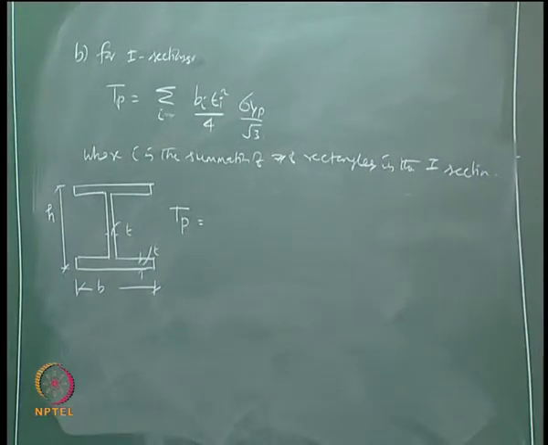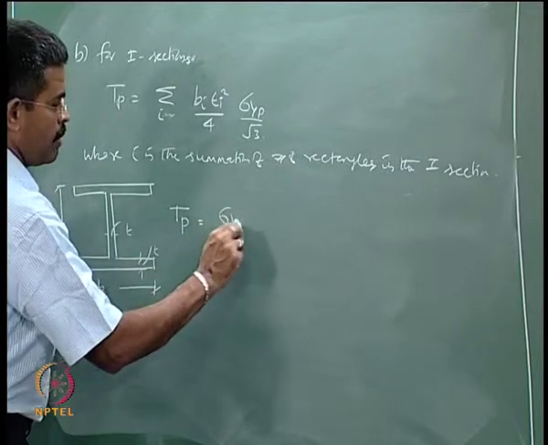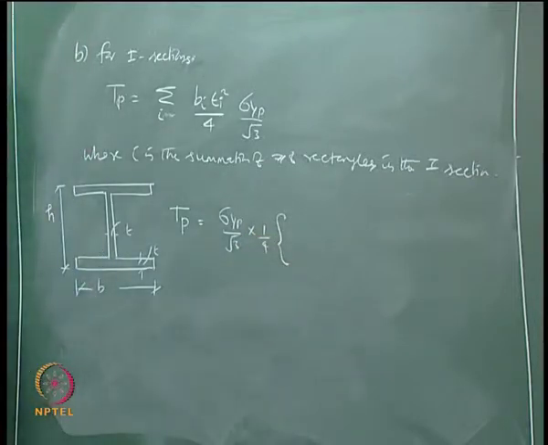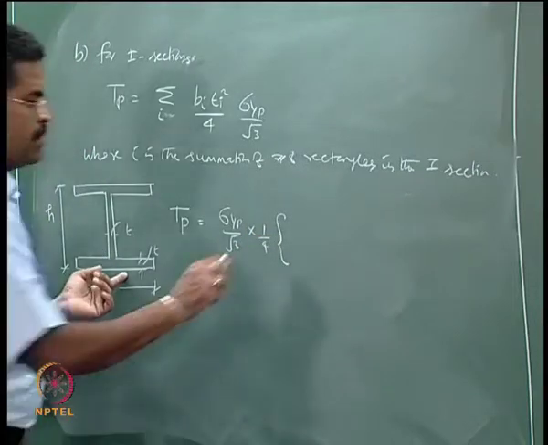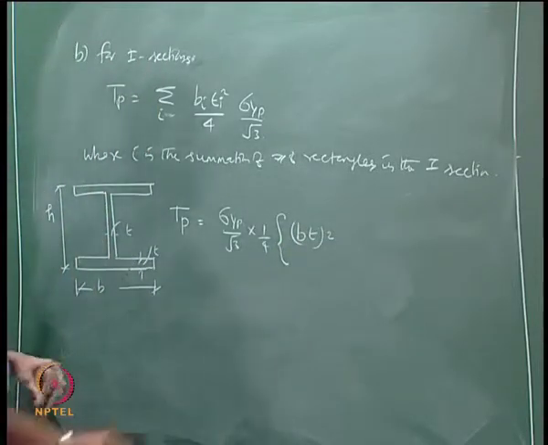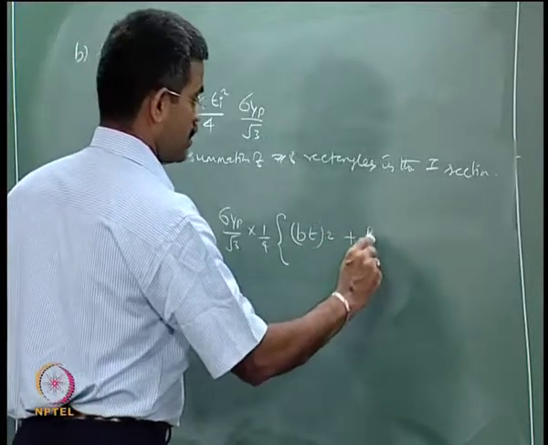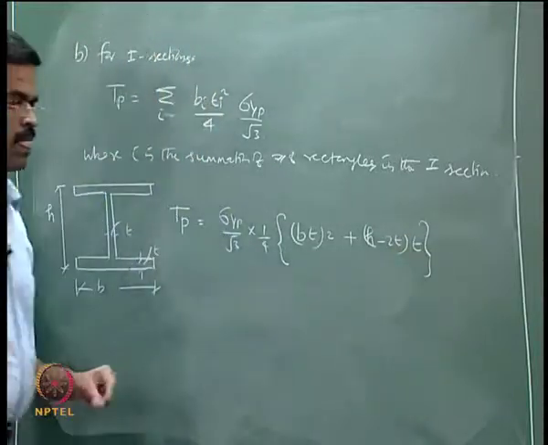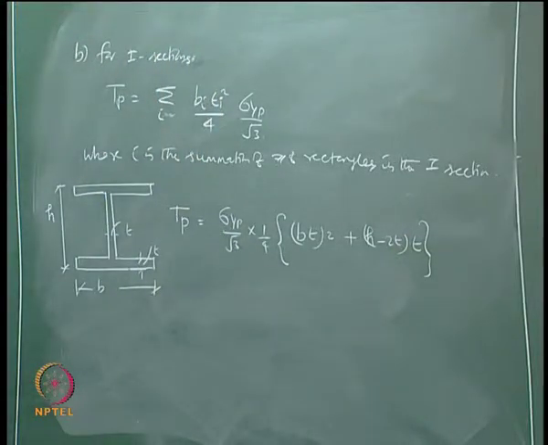Okay. So, sigma yp by root 3 into 1 by 4 is common, Bt square into 2, there are 2 Bt square terms, plus H minus 2T of T, and that squared.